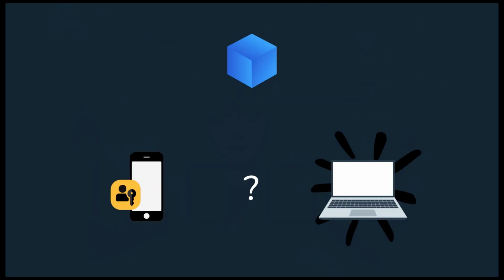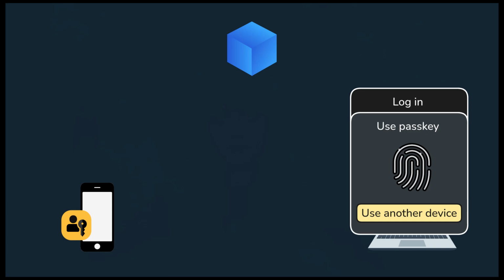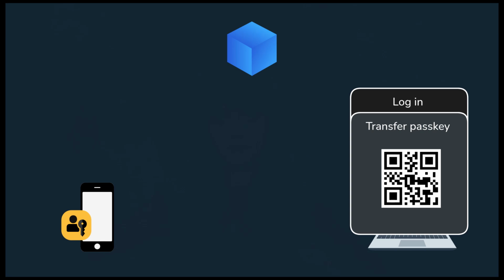What about logging into a service on a new device, like a friend's laptop or a work PC? There is a way to transfer passkeys safely. On a new device, when prompted for a passkey, there should be a Use another device option. When selected, a QR code pop-up will appear. Use your personal device to scan the QR code.